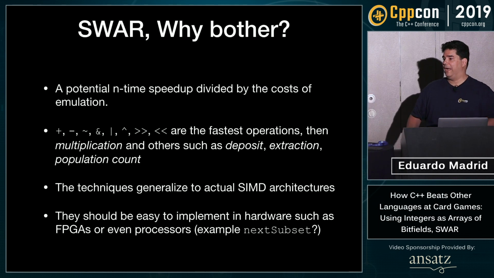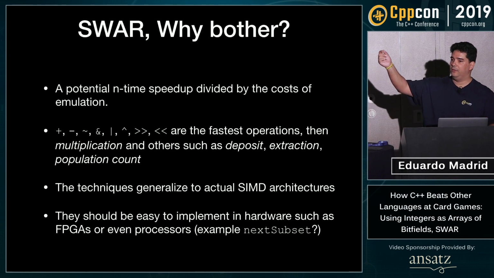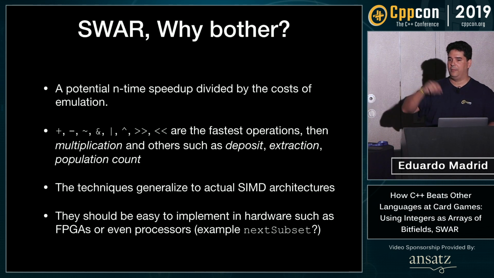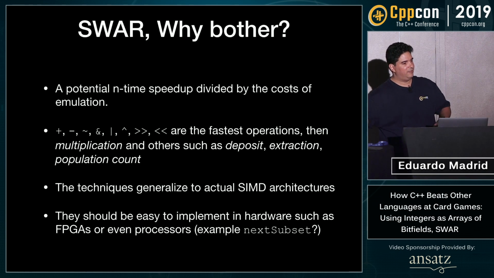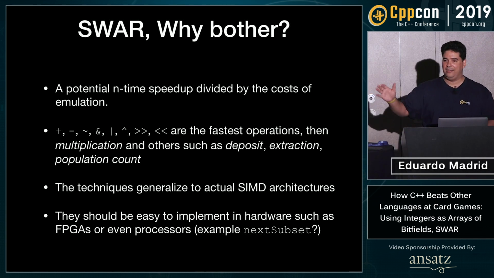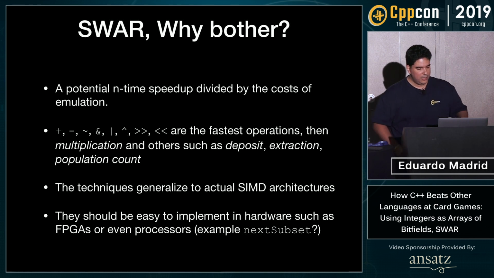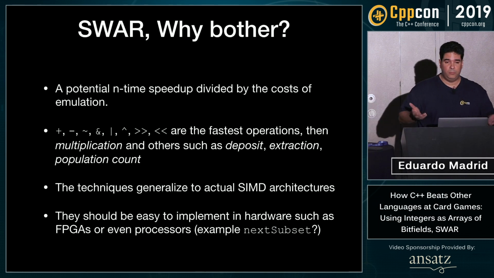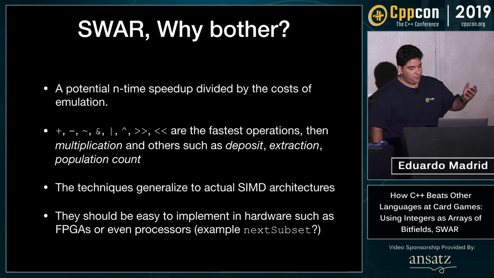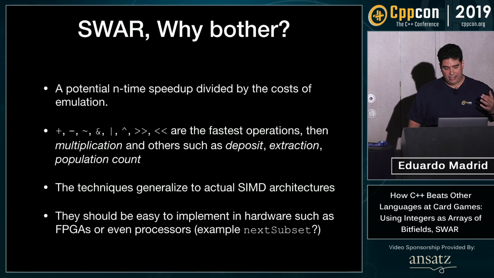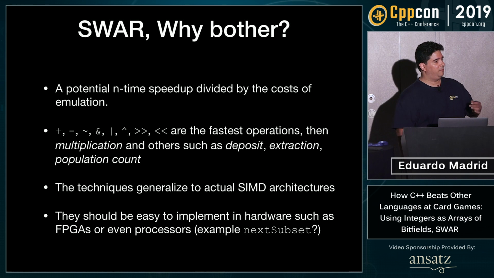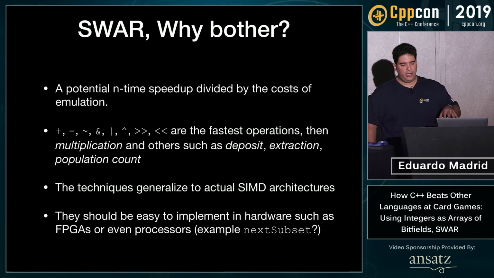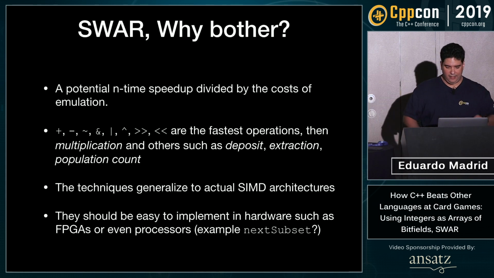What we're talking about also generalizes to vector architectures. I will show you a slide in which the compiler got crazy on me because it auto-vectorized and produced a dramatic performance improvement without me even asking for it. I also want to talk to people who work on FPGAs because these operations might be implemented in FPGAs.